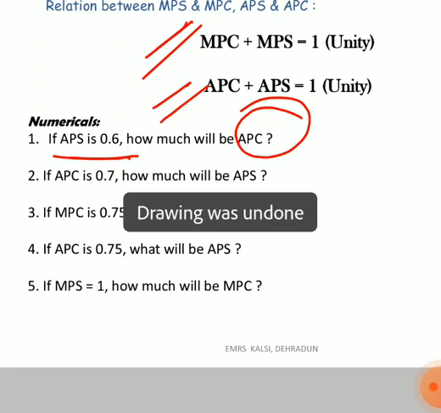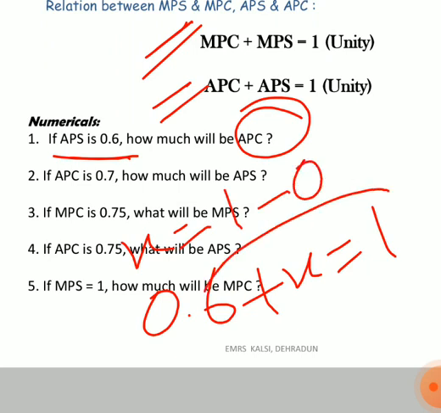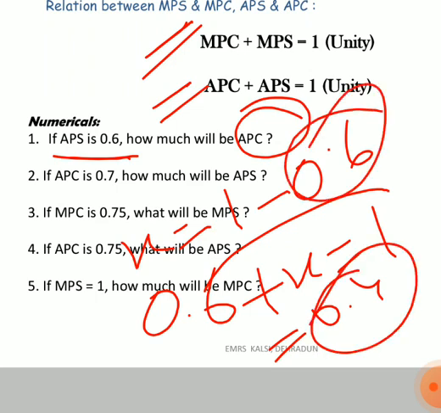So 0.6 plus APC, which is x, equals 1. So x will be taken here, and 1 minus 0.6 equals 0.4. Okay, so your APC will be 0.4. You can cross check: 0.6 plus 0.4 equals 1.